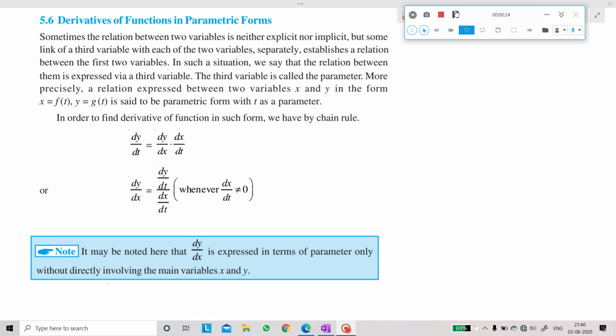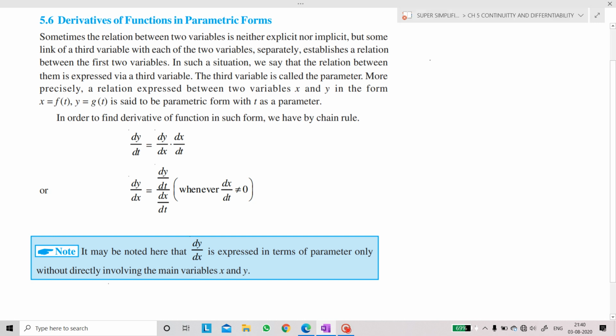Implicit functions are the ones where x and y are related to each other, and the expression is a mix of both the variables x and y. Neither is x a function of y nor is y a function of x, but they are intermixed in the expression. And explicit functions are those where either x is a function of y or y is a function of x.